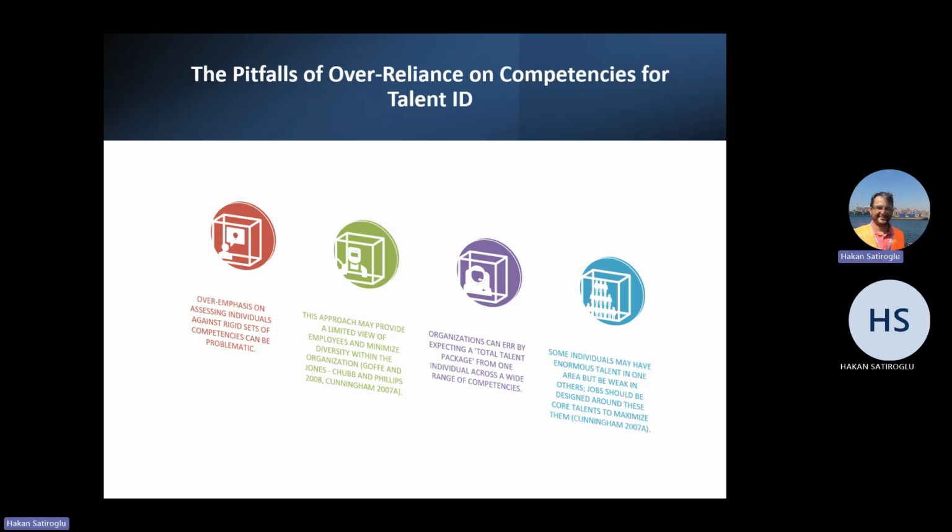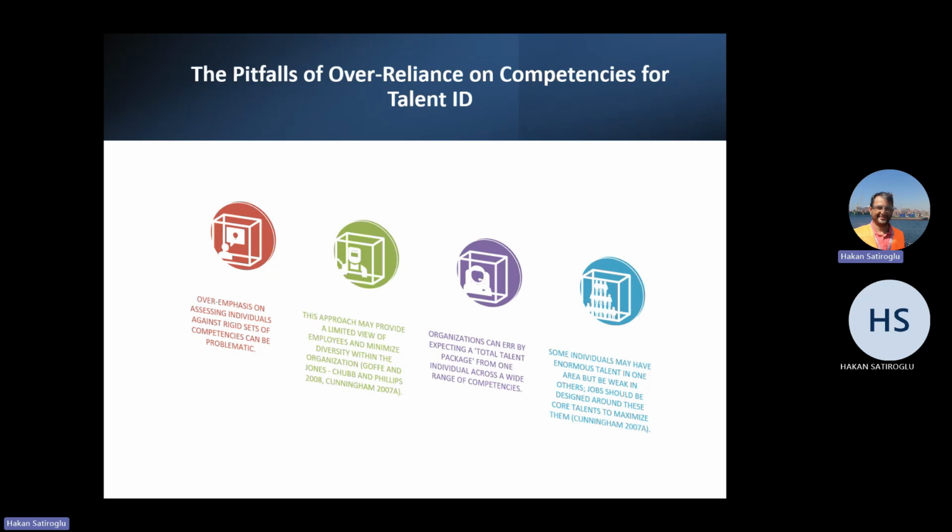Therefore, we need to look after some individuals who may have enormous talent in one area but be weak in others, which could be exploited later on. The third one: organizations can err by expecting a total talent package from one individual's extra competencies.